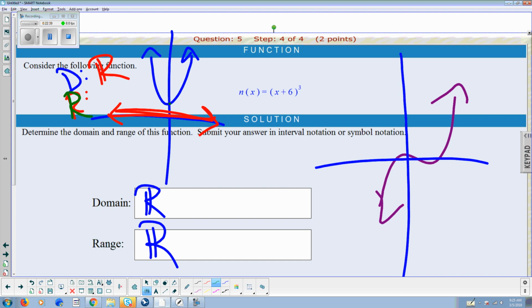If I flatten this to the y-axis, it would cover from here on up. So it would start maybe at 1, and then go up to infinity. So the range is not always going to be all real numbers on a parabola. And that's just one example of a different type of graph. Everybody understand how the domain and range works? Smash it to x, smash it to y. Okay, moving on.